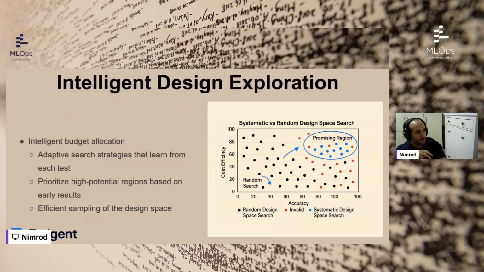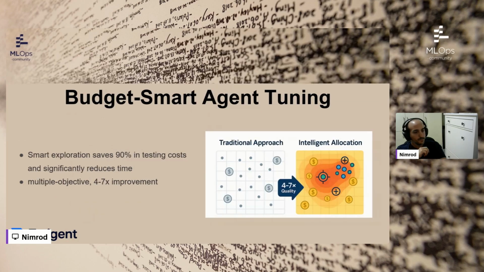We're trying to prioritize the valid areas and do very efficient sampling when it comes to different configurations and basically the entire budget that we have for the experimentation.